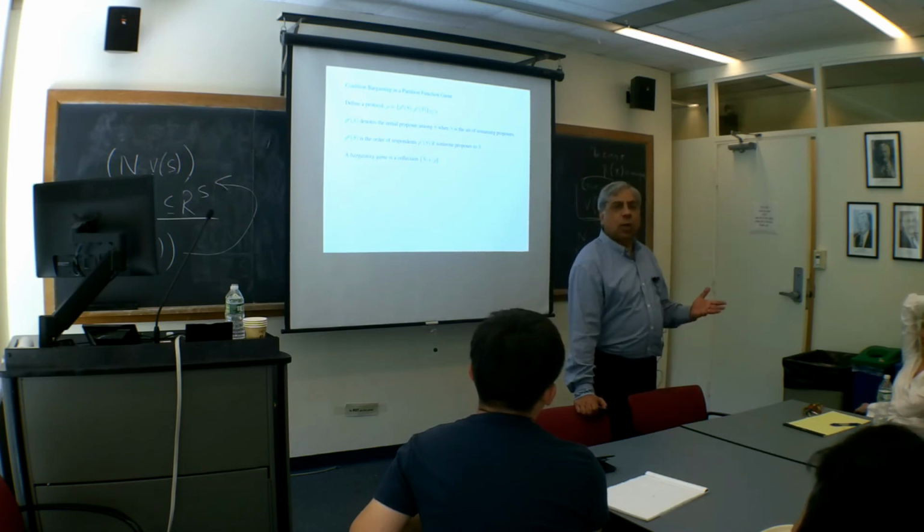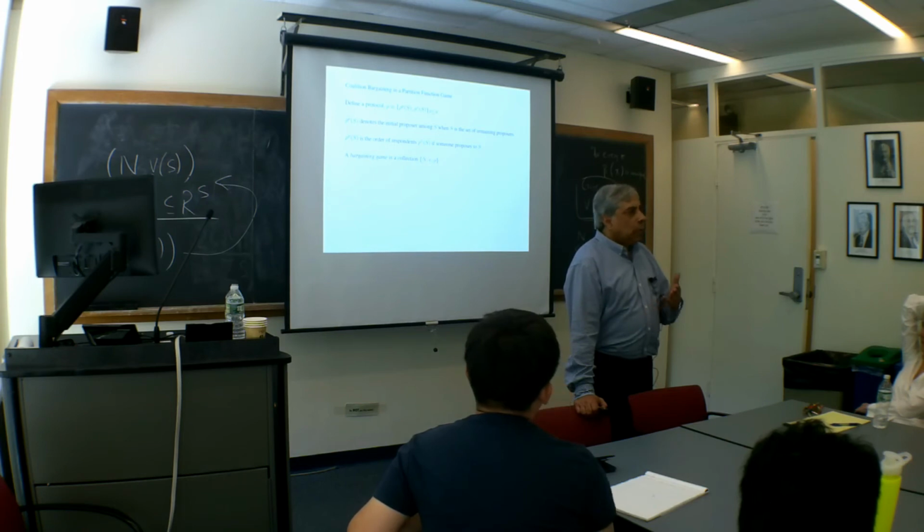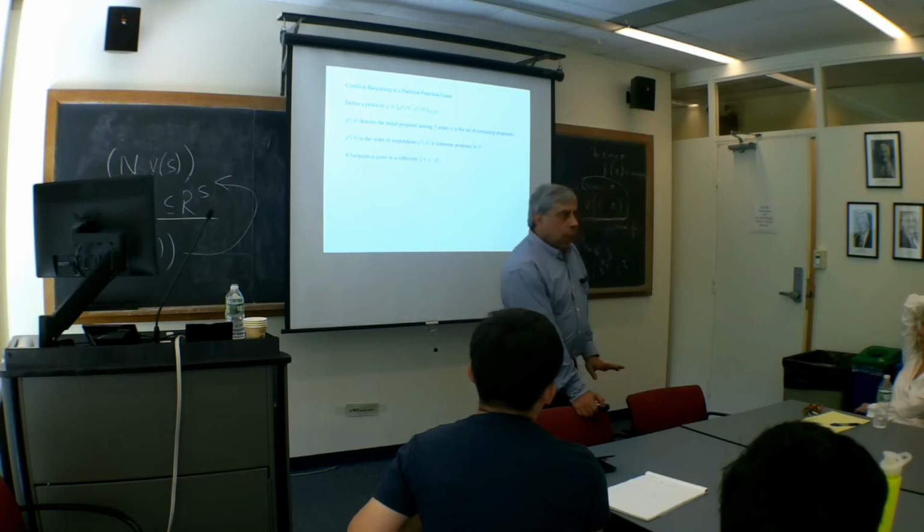You're given some protocol, and you are trying to figure out in equilibrium what will happen. That is, if you think about it, a model with binding agreements. Once we agree on something, there is no problem enforcing it, right?